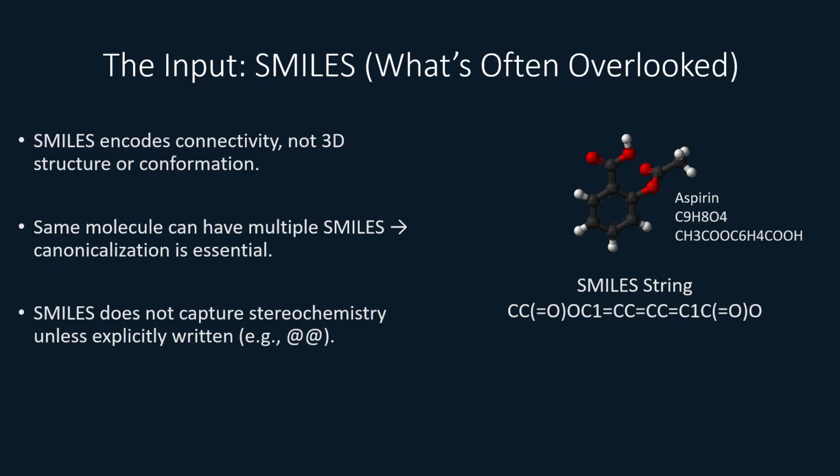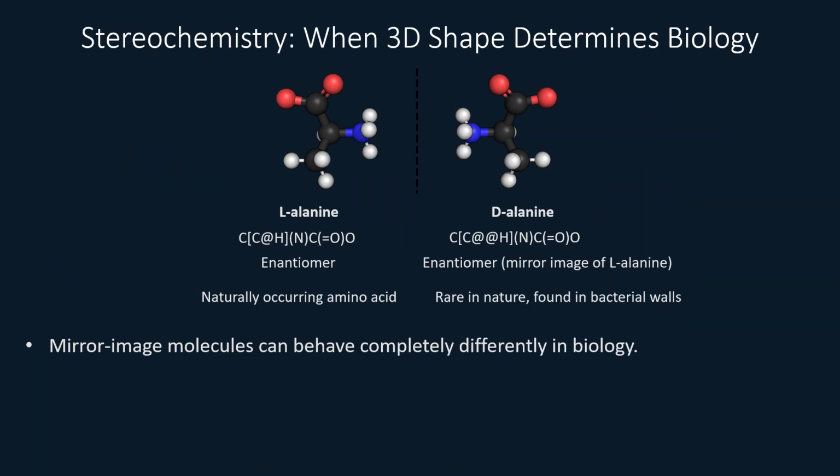Next, we will talk about stereochemistry, when 3D shape determines biology. Stereochemistry is where two molecules can look identical in two dimensions, yet behave very differently in biological settings.